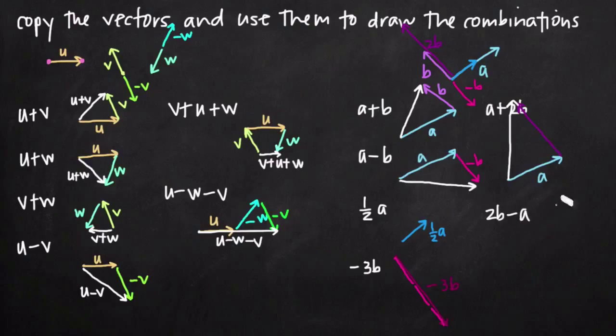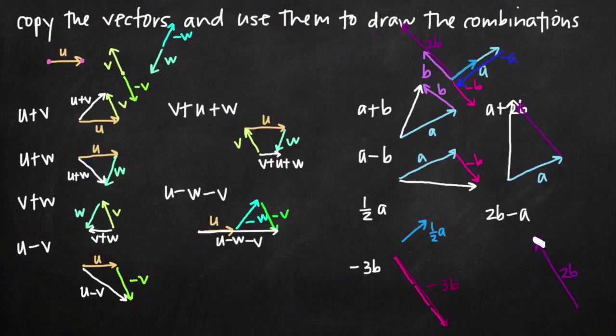And then finally 2b minus a. We start with that positive 2b, so we're going to go about in this direction right here. We'll call this 2b. Then minus a, again, it's just the same magnitude as our original a, but in the opposite direction. So minus a is going to look about like this here, minus a.